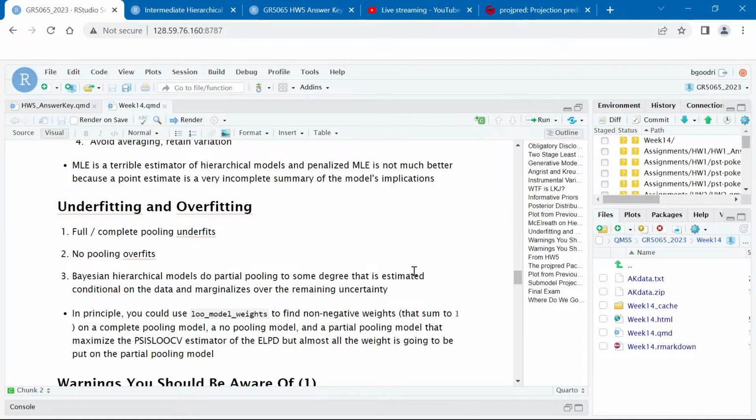Then there are no pooling models, which are extraordinarily favored in some corners of computer science or whatever, where you just chop up all the data into little pieces, spread that out over your Hadoop cluster, estimate the average of whatever it is you're trying to estimate in each little stratum defined by the intersection of all these things, do it all in parallel, and then bring it all back, and you get these no pooling estimates really fast, even for huge data sets.